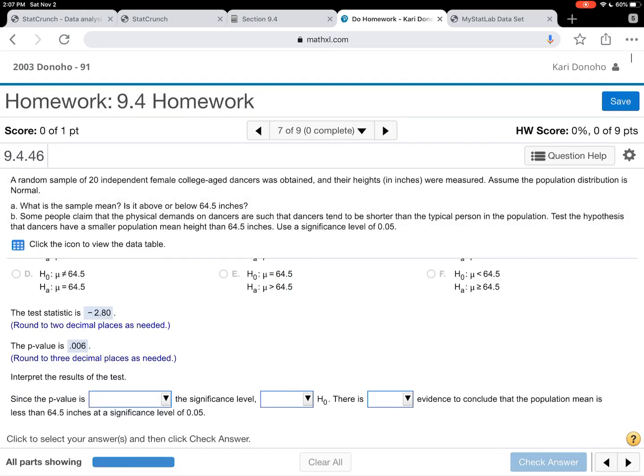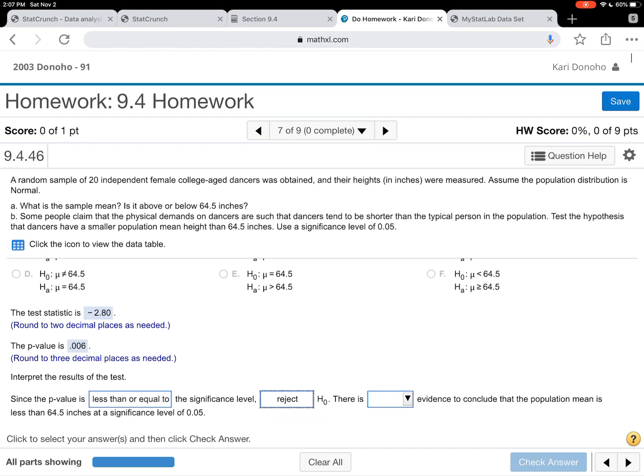And then here is where that significance level comes in. That 0.05 does not go into StatCrunch anywhere. This is where it comes into play. So we now take this p-value that we found, 0.006, compare it to 0.05. For us, it is less than that. So we reject.